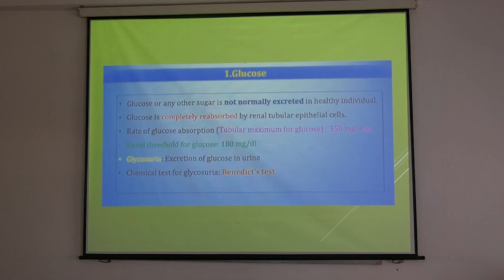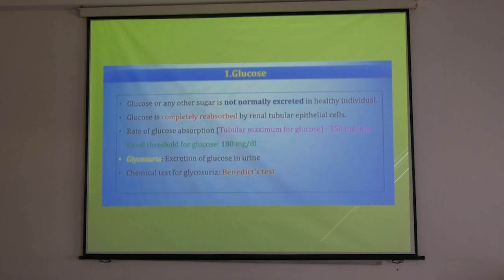This is called tubular reabsorption, and the maximum rate is called tubular maximum for glucose. In some books it is also written as 375 milligram per minute. It is the speed at which the glucose is getting absorbed back into the peritubular capillaries by the tubular epithelial cells.